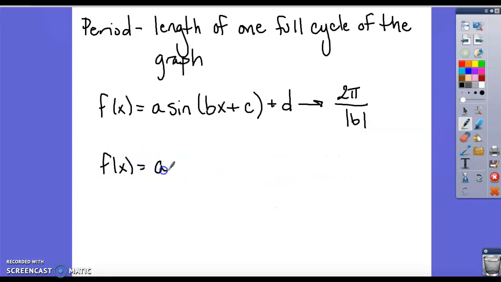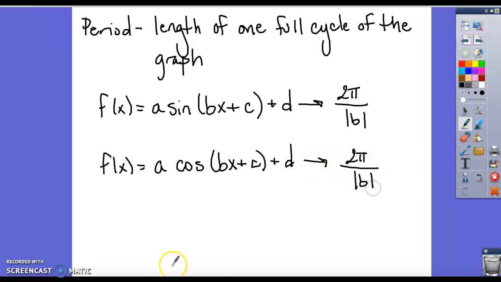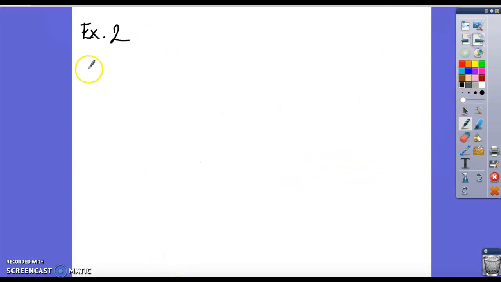And it's the same for the cosine function. It's 2 pi divided by the absolute value of b. So back to example 2.